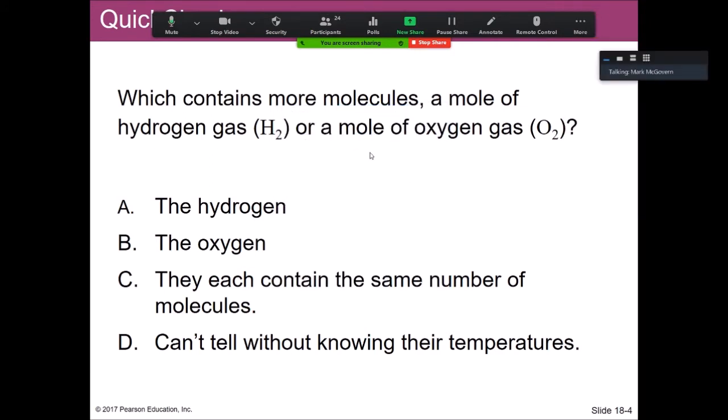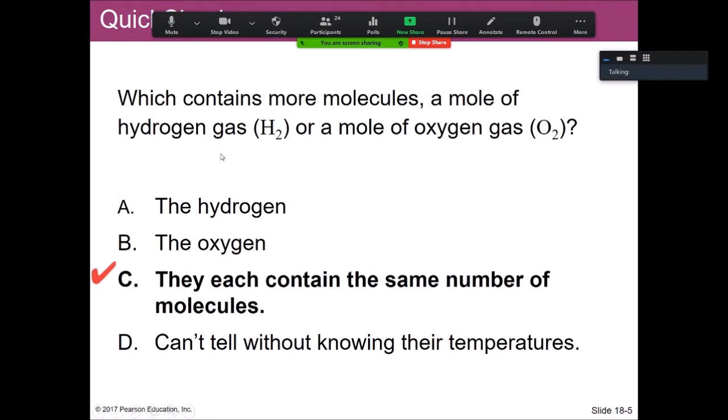Which weighs more, a pound of rocks or a pound of pencils? Yep, same number of molecules. The molar mass of oxygen is larger, so the amount of mass that you would have would be different, but you still have the same number of molecules.